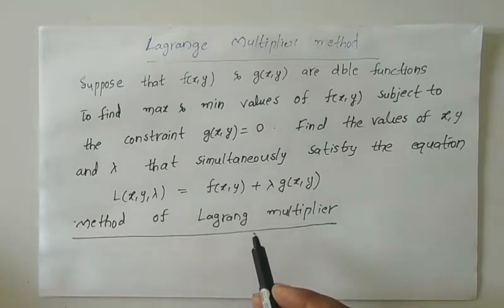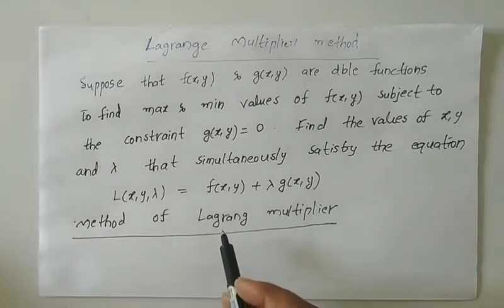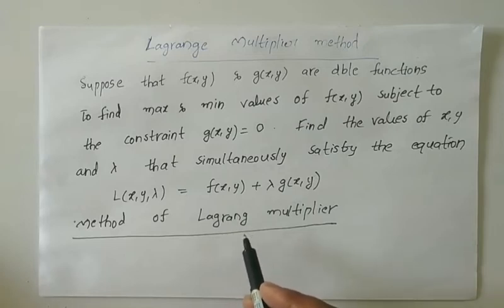To explain this method, for a general problem we initially consider a two variable function and one constraint.